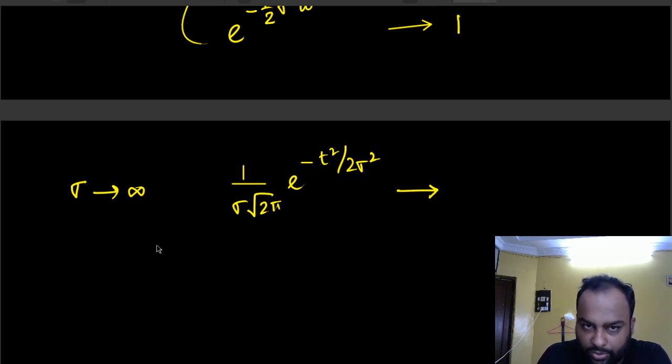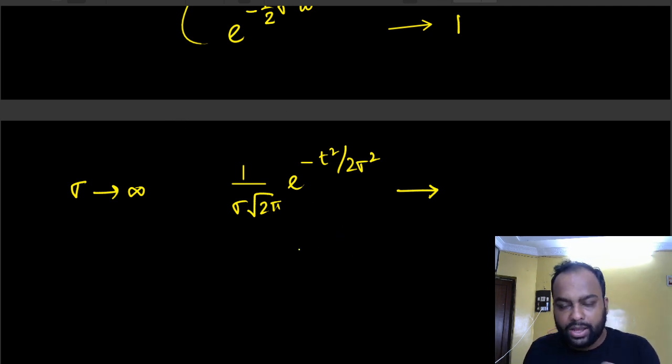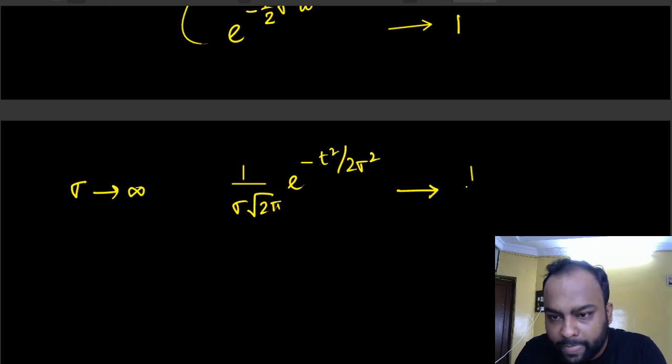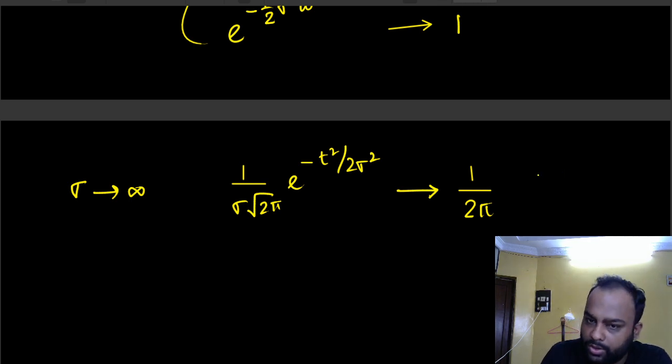Understandably, you can verify that. And this constant value would be 1 by 2 pi when sigma becomes very large.